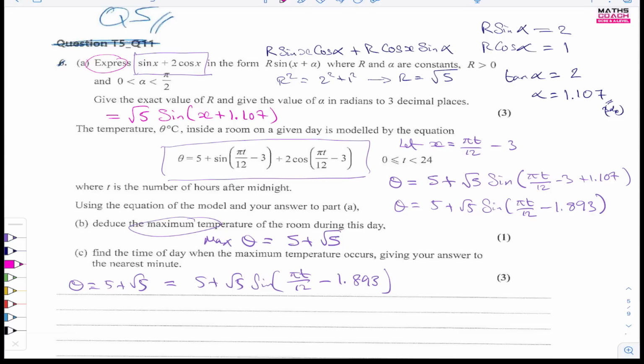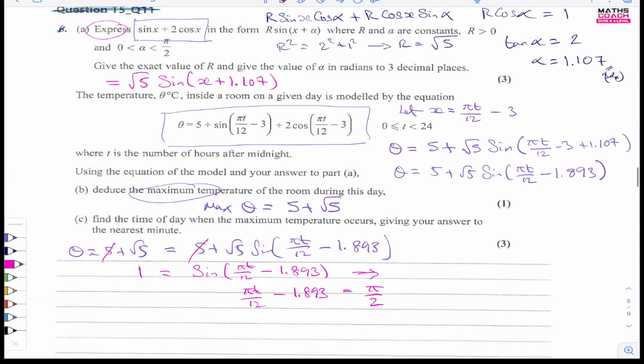So we can cancel out the 5s and then divide it by root 5, so we get 1 equals sine of pi t over 12 minus 1.893, and then do the sine inverse of 1 in radians. So sine inverse of 1 equals pi by 2. So pi t over 12 minus 1.893 equals pi by 2.